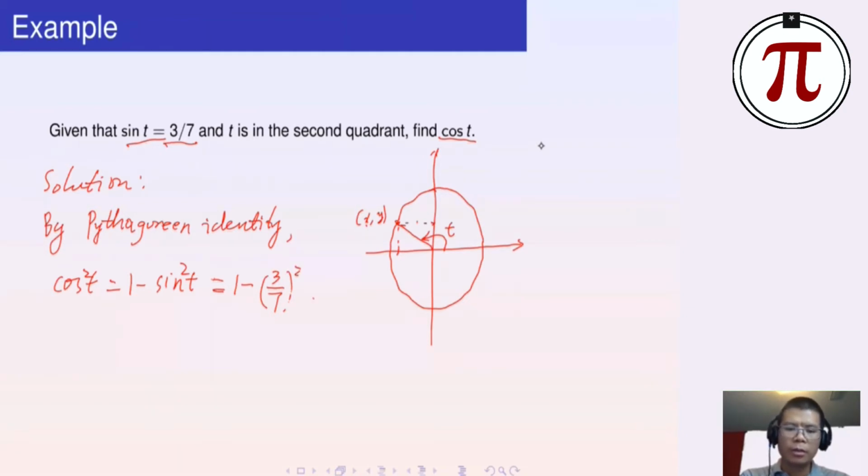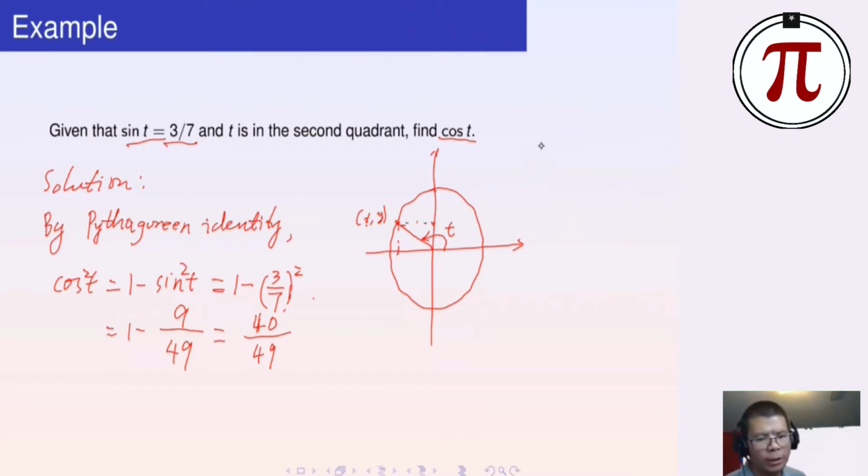Which equals 1 minus 3 squared, which is 9, over 7 squared, which is 49. So what is this? 40 over 49. Okay. Now cosine squared equals 40 over 49.